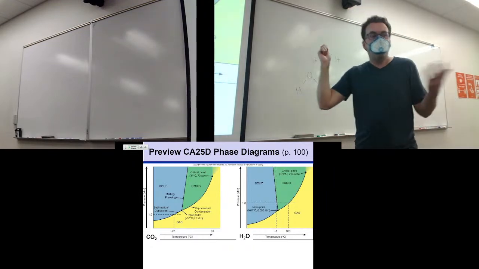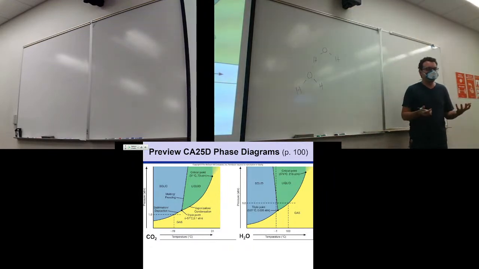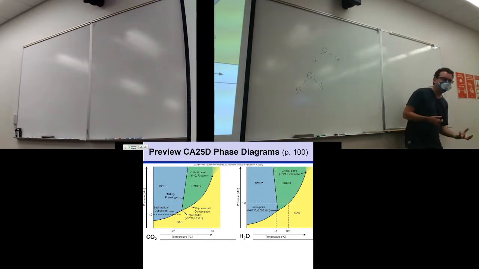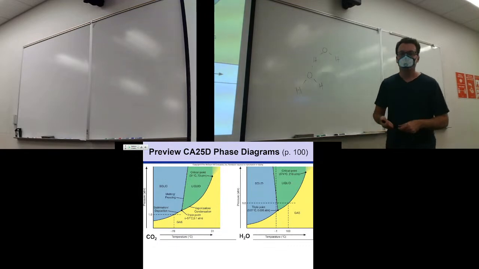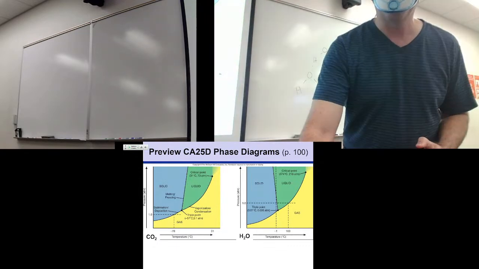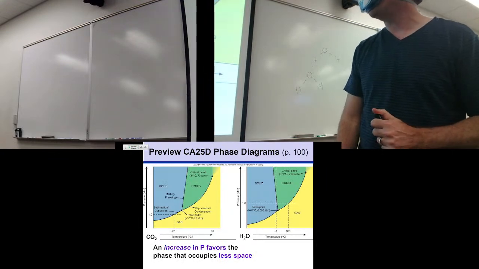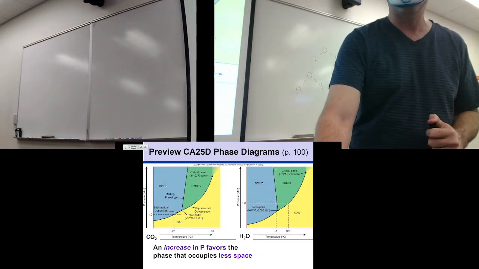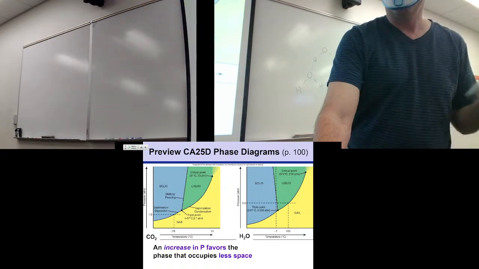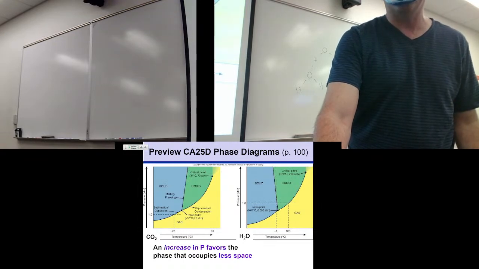So that's water only. Ice floats on water. Everything else that is solid will sink in its liquid. So water is unique in this case. So here's the idea: an increase in pressure favors the phase that occupies less space. And that's water. Water, in this case, occupies less space than ice does.